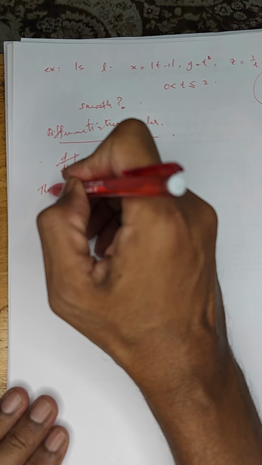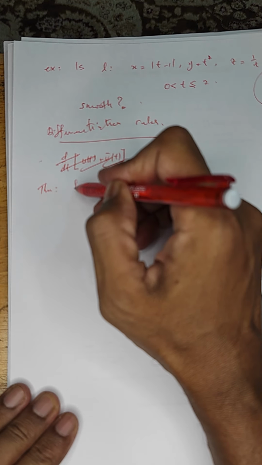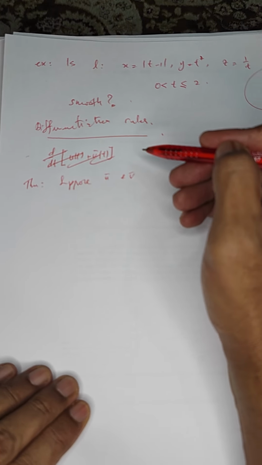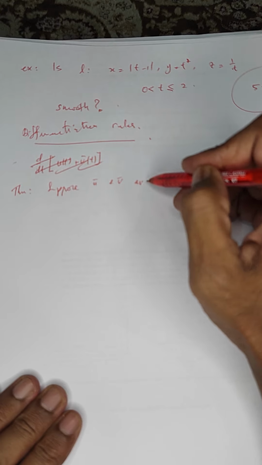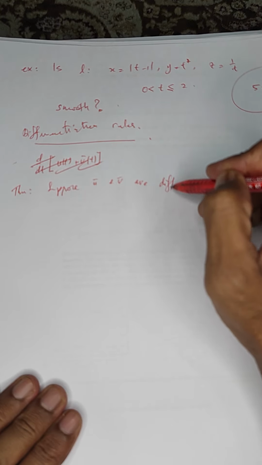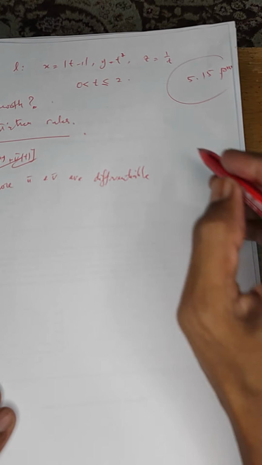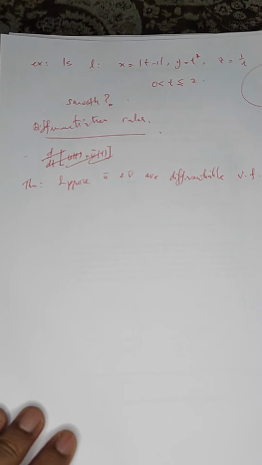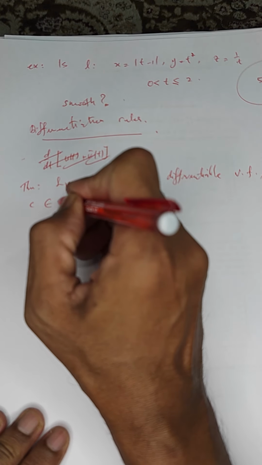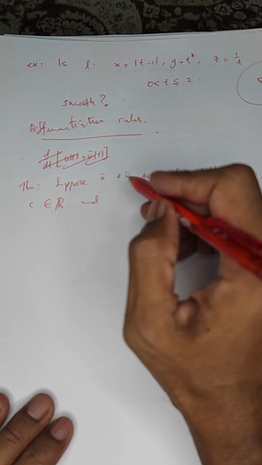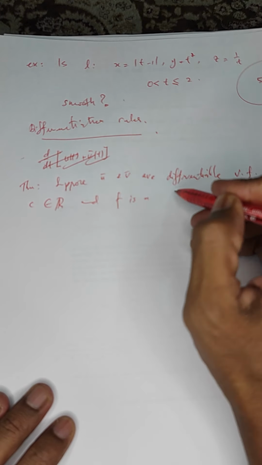So, theorem: suppose u and v are differentiable vector functions, and c in R is a scalar, and f is a real valued function.